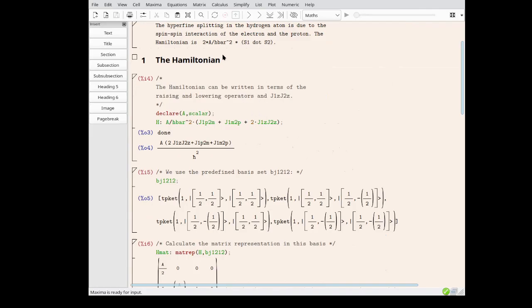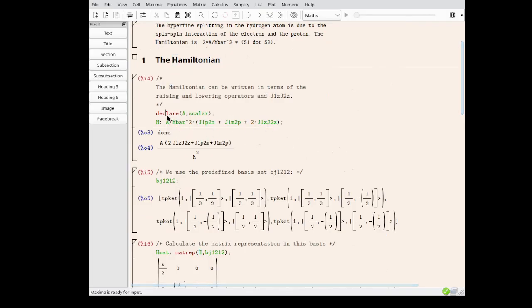So 2 times S1 dot S2 can be written in terms of the ladder operators, J1 plus J2 minus and J1 minus J2 plus, and then J1z times J2z. So we can rewrite the Hamiltonian in the form that's shown here.